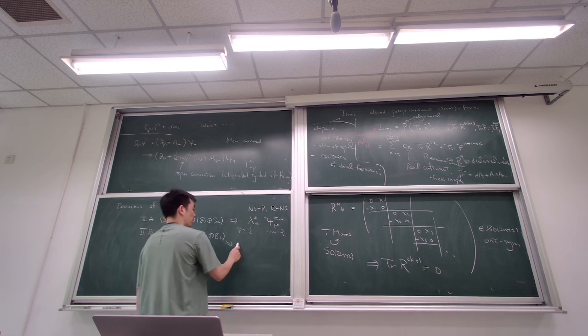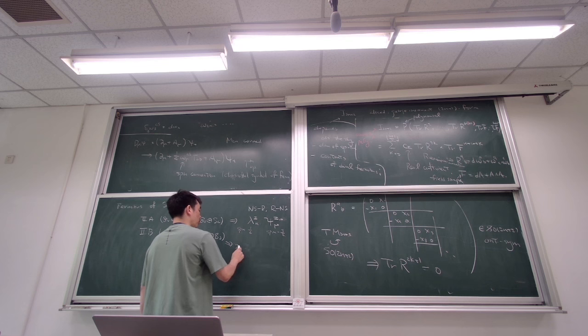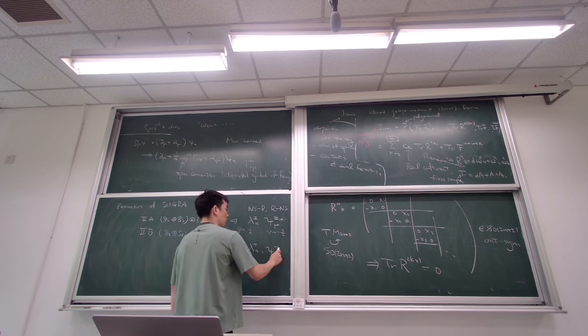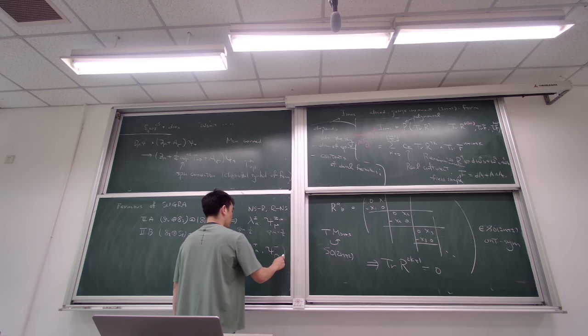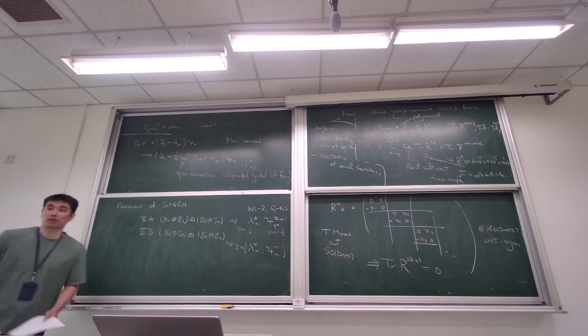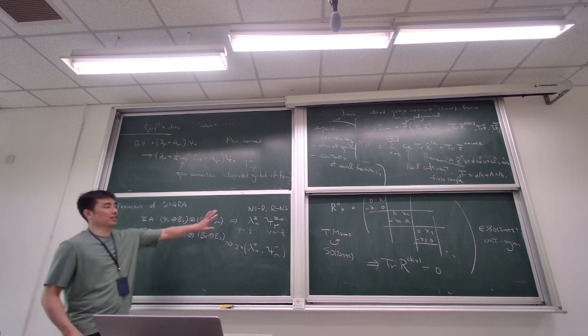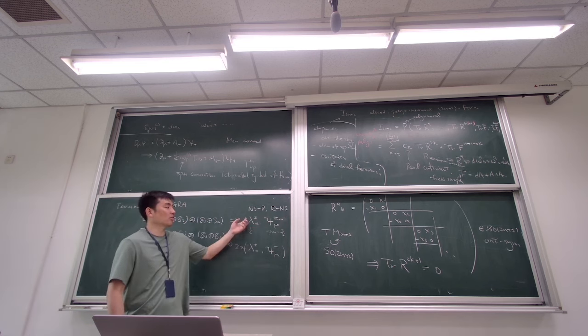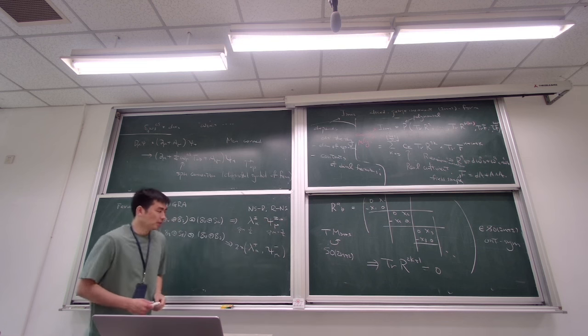But here you have only chiral, two copies of lambda plus, like this. So this is the dilatino and the gravitino, a superpartner of the dilaton and a superpartner of the graviton.